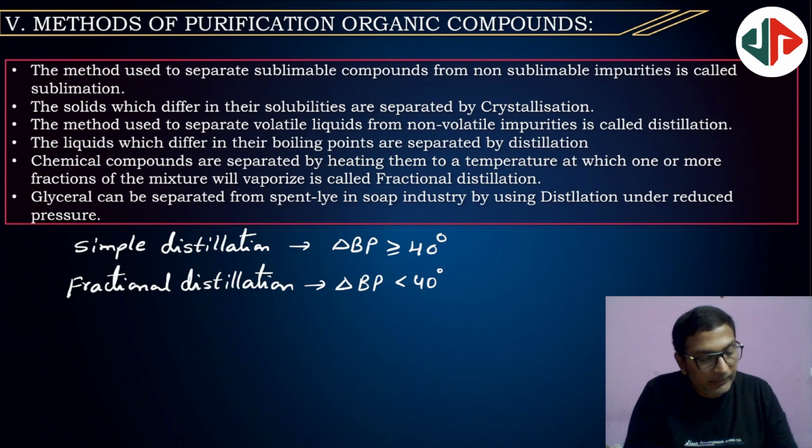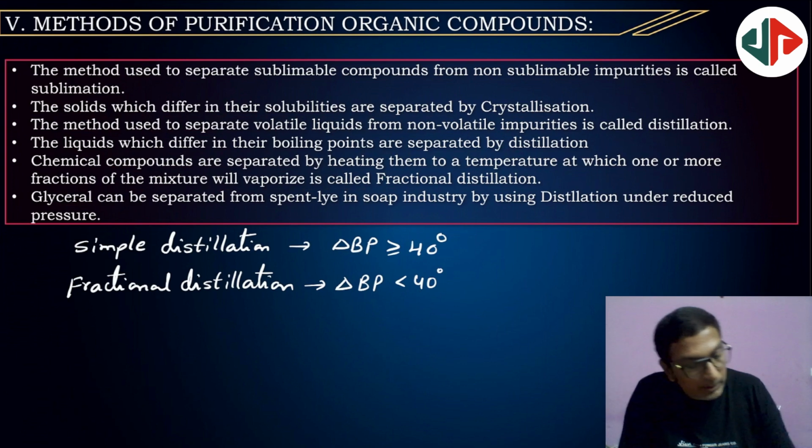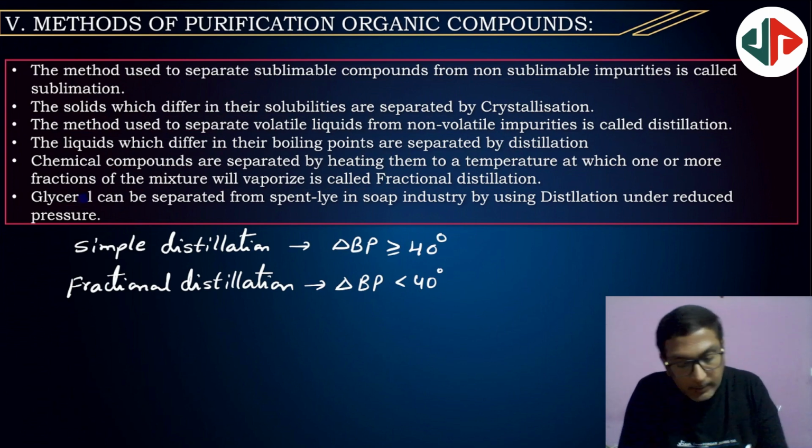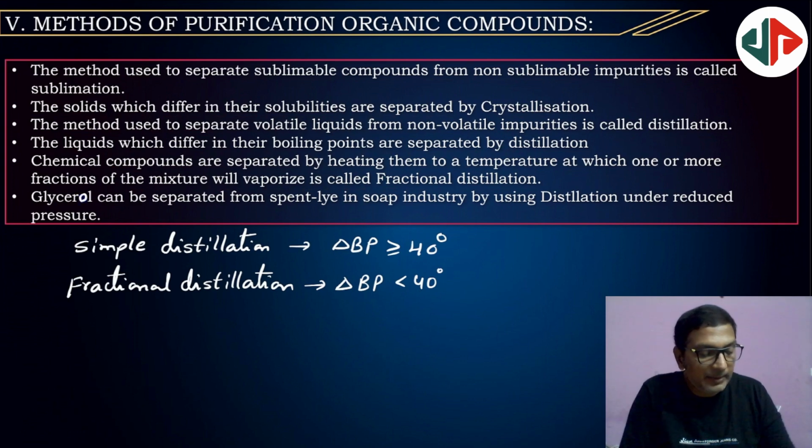Next, glycerol. Glycerol can be separated from spent lye, which is an alkaline substance in the soap industry, by using distillation under reduced pressure, or vacuum distillation.